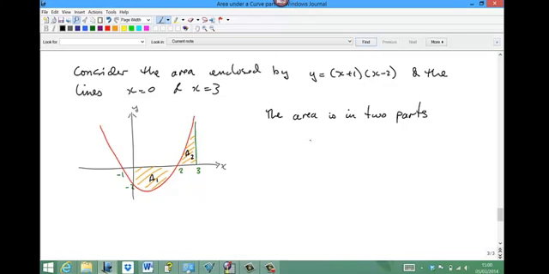Now we know A1 already. A1 is equal to 10 over 3 from the previous problem.